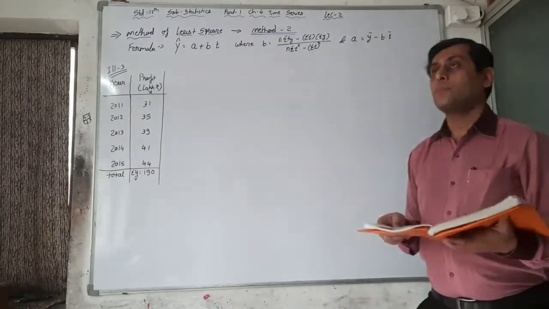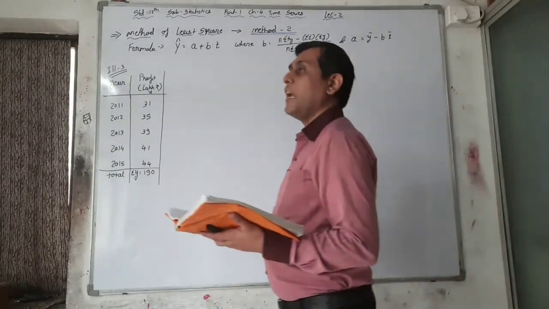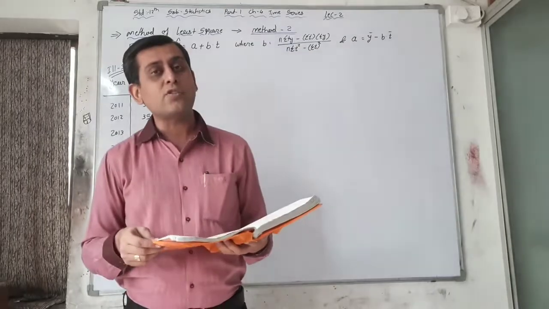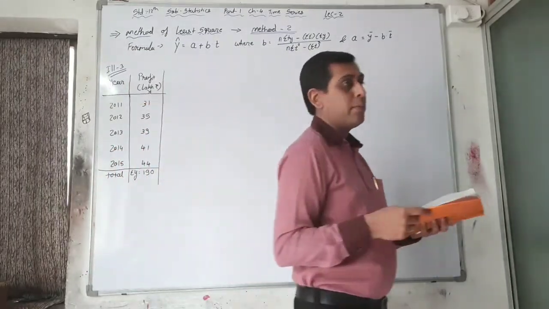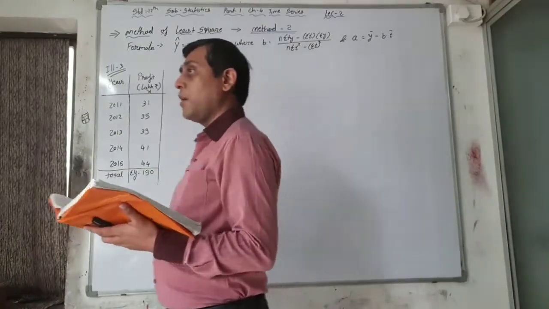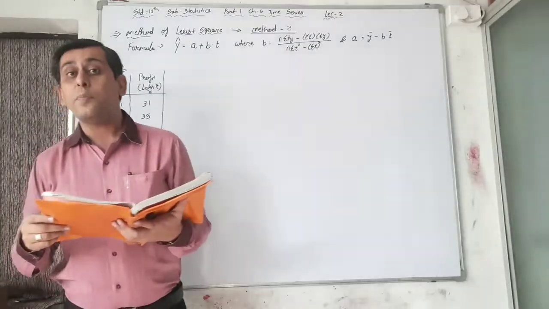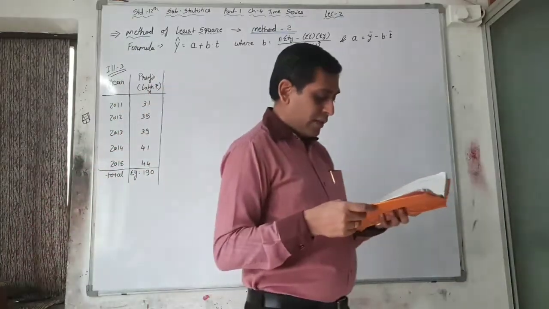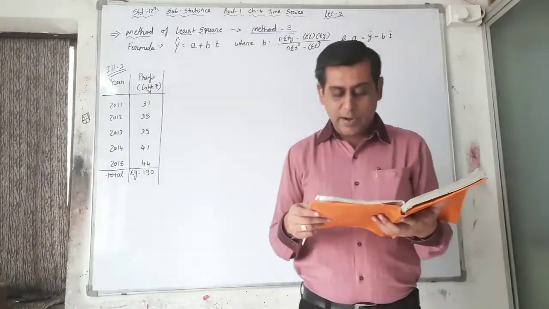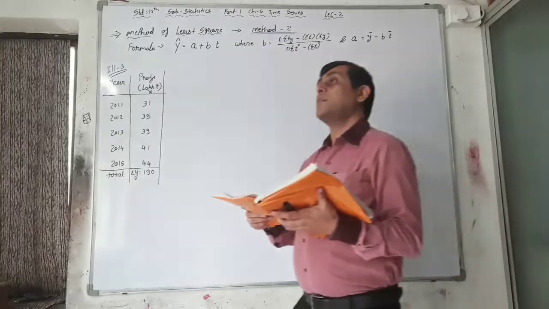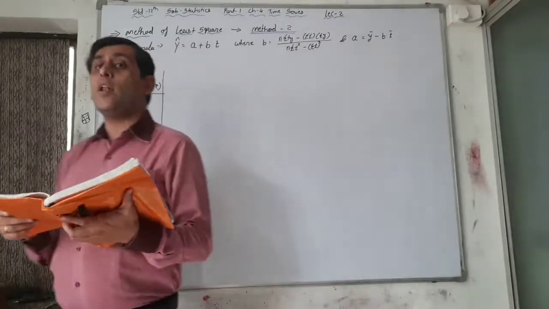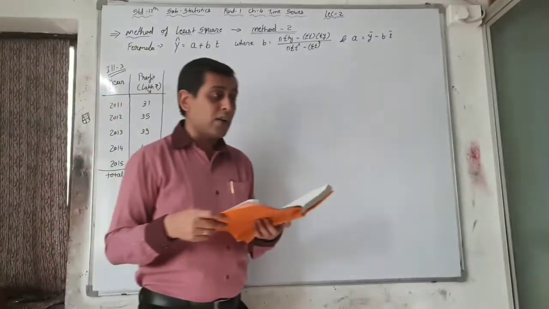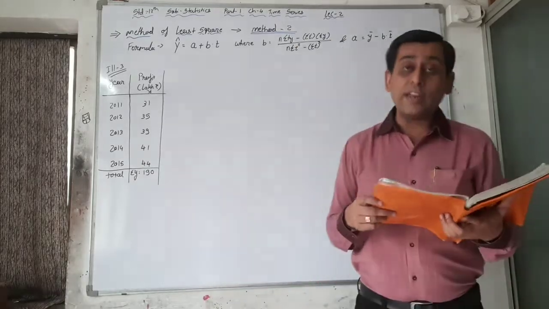See here, the limitations of the graphical method are the merits of the least squares method. In the limitations of the graphical method, mathematics is important. Here again this method is absolutely mathematical. So we will get the exact value of the trend or exact value of the estimated variable, right?